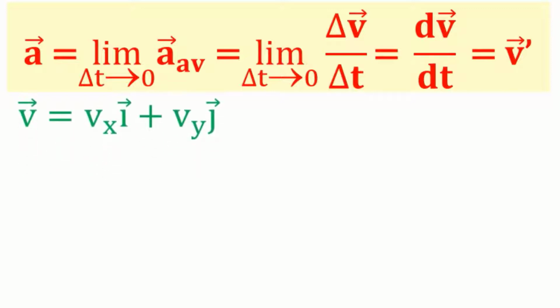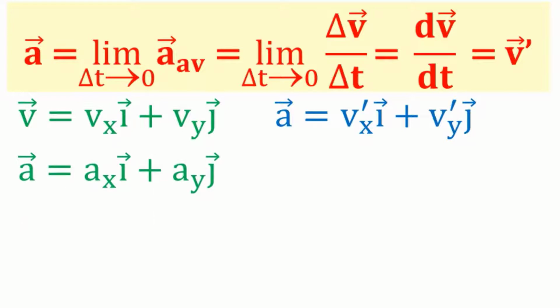We already know that v equals vx i plus vy j, so its derivative a is equal to vx prime i plus vy prime j. We also know that any vector, for example a, can be written as its component on the x-axis ax multiplied by vector i plus its component on the y-axis ay multiplied by vector j.